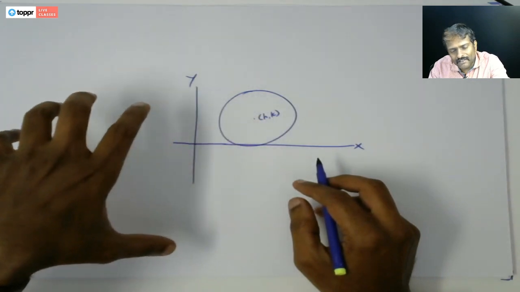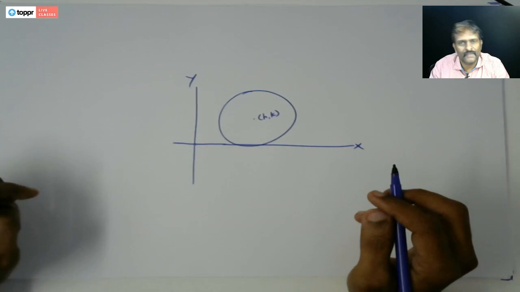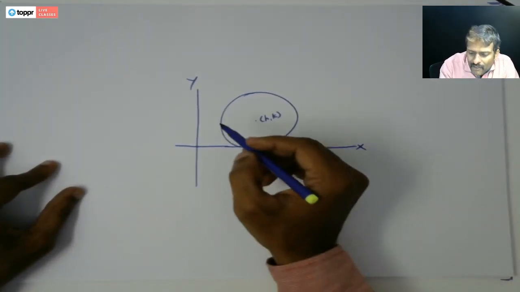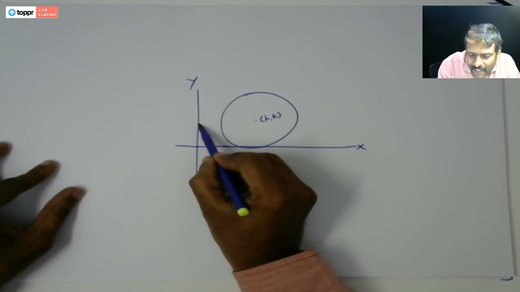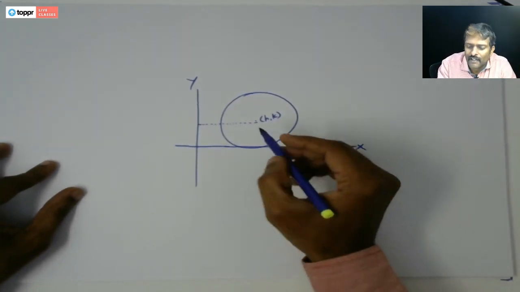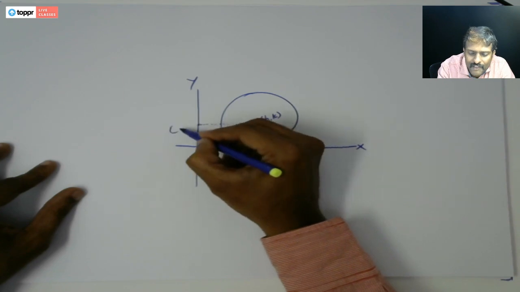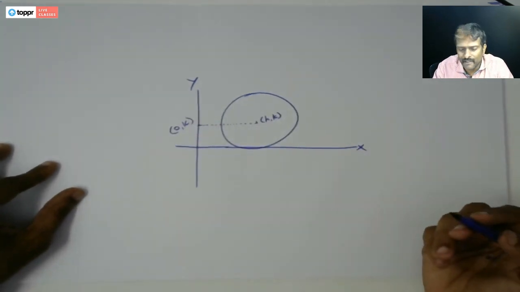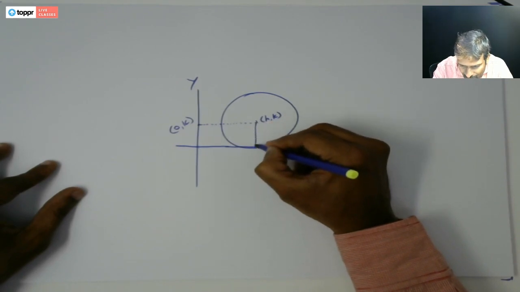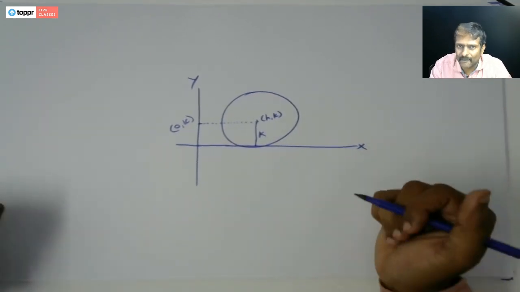So now here we are discussing the equation of a circle which is touching the x-axis. So say h comma k is the center, right? If you join a line perpendicular to the y-axis from the center, you get the y-intercept, which is nothing but k here. So the point here will be 0 comma k, right? So what does this give us now? The radius of the circle will be equal to the y-intercept, which is k, right?